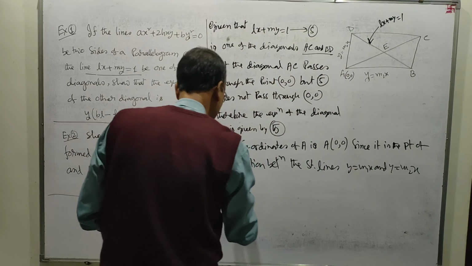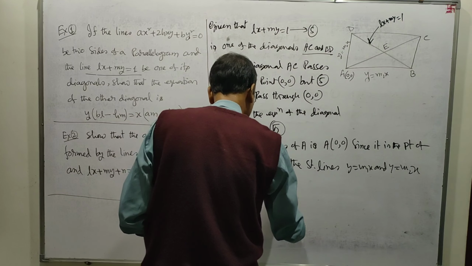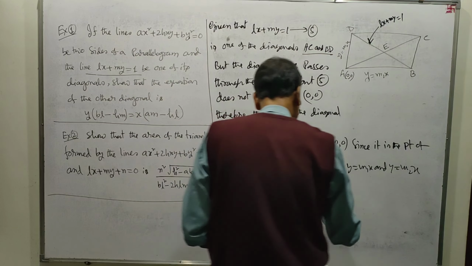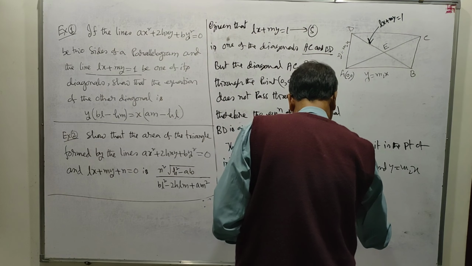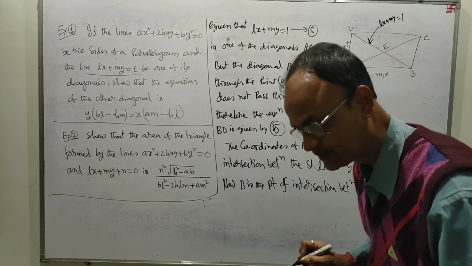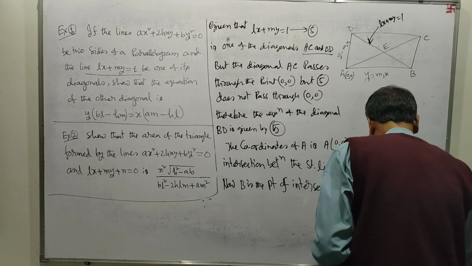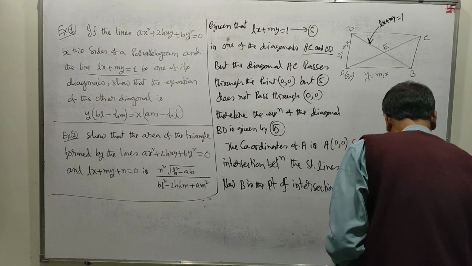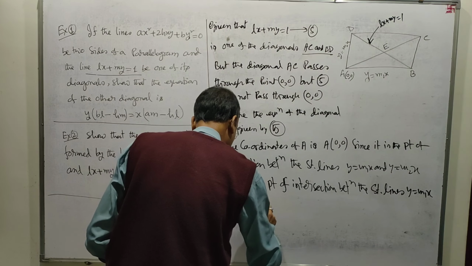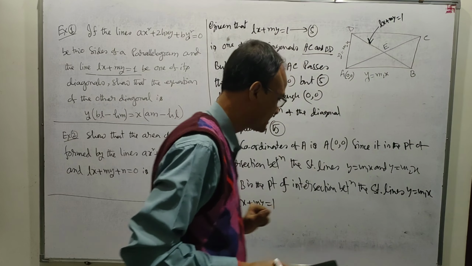Now, B is the point of intersection between the straight lines y is equal to m1x and Lx plus My equal to 1.